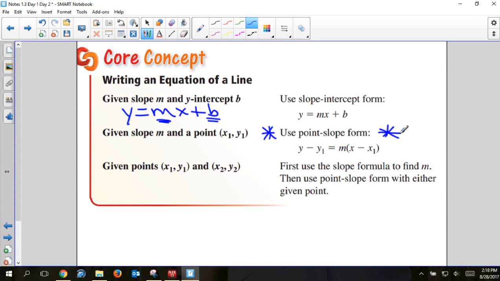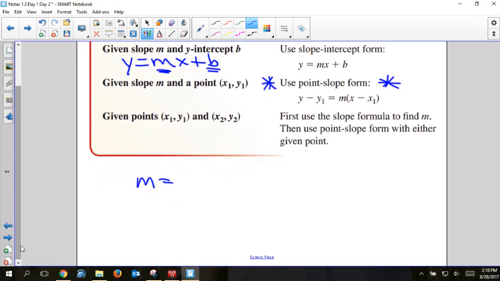So the slope formula, you may remember it. Nobody remembers that? Starts with y2 minus y1 over x2 minus x1. So that's the formula for slope. When you know two ordered pairs, you can find the slope.